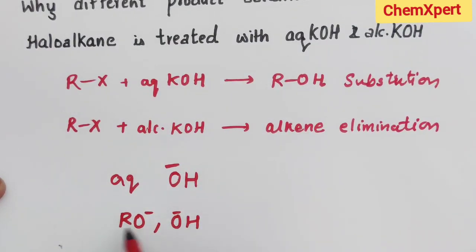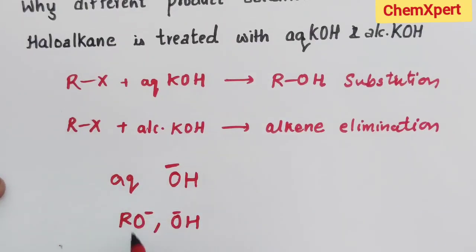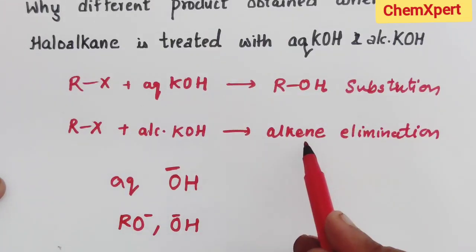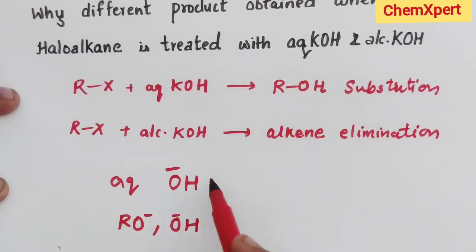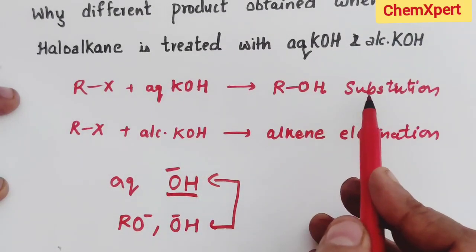Now this bulkier nucleophile is a stronger base which easily abstracts hydrogen from this haloalkane, due to which an alkene is formed. So the answer lies in the size of the nucleophile. If the nucleophile is smaller, it follows the substitution reaction.